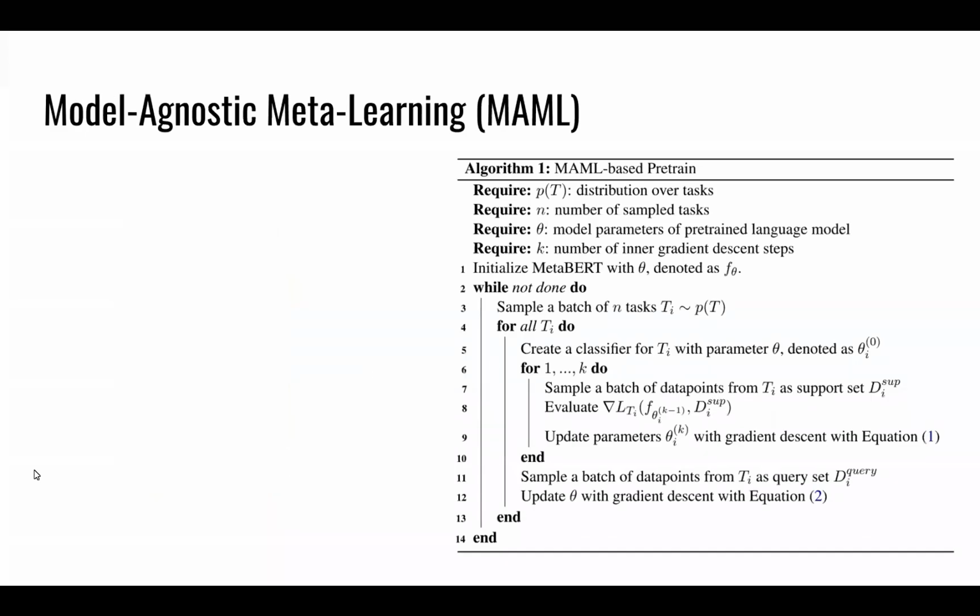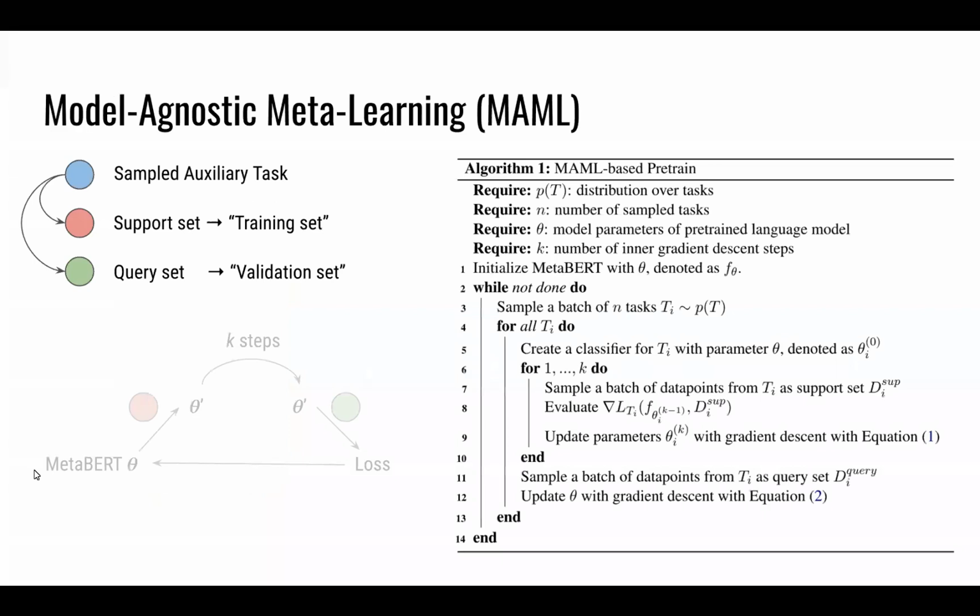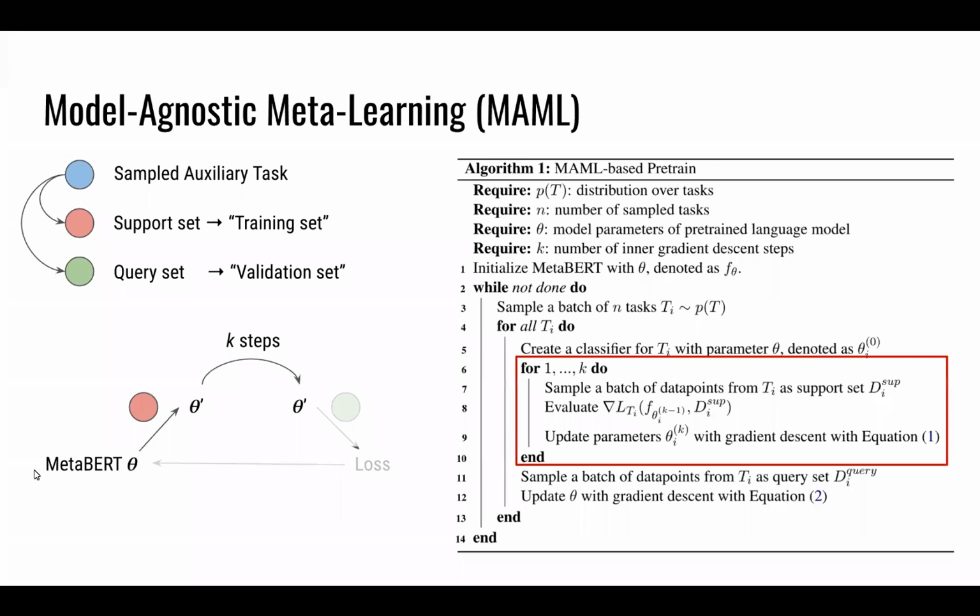The meta-learning algorithm that we picked is model-agnostic meta-learning, so-called MAML. This table is the algorithm that we are using. It's quite overwhelming, but I will explain it. First of all, one auxiliary task will be split into support sets and query sets, which we can regard as the training set and validation set. For every sampled task, we will use the support set to update the weights theta, and after this update, we will have theta prime.